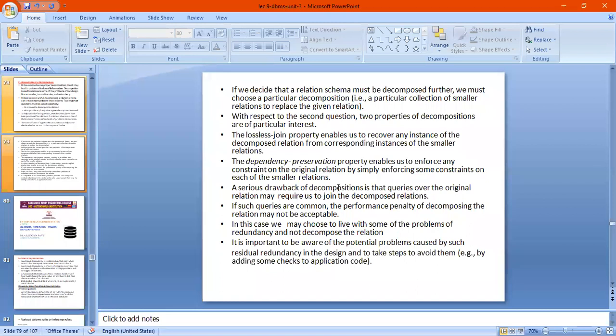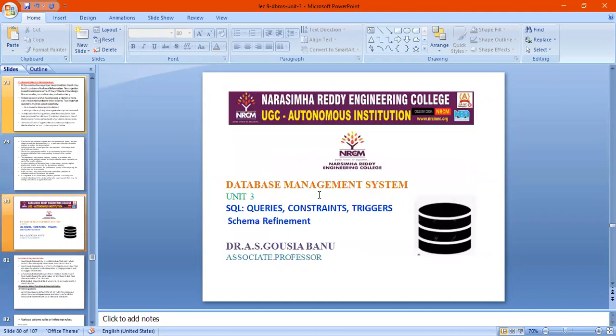In this case, we may choose to live with some of the problems of redundancy and not decompose the relation. It is important to be aware of the potential problems caused by such residual redundancy in the design and to take steps to avoid them, for example, by adding some checks in application code.